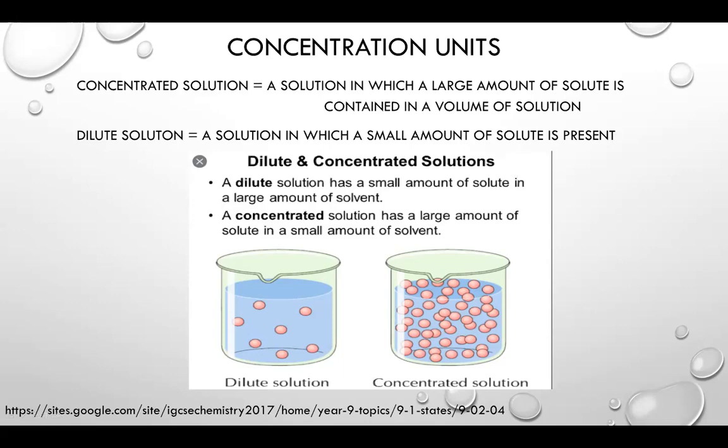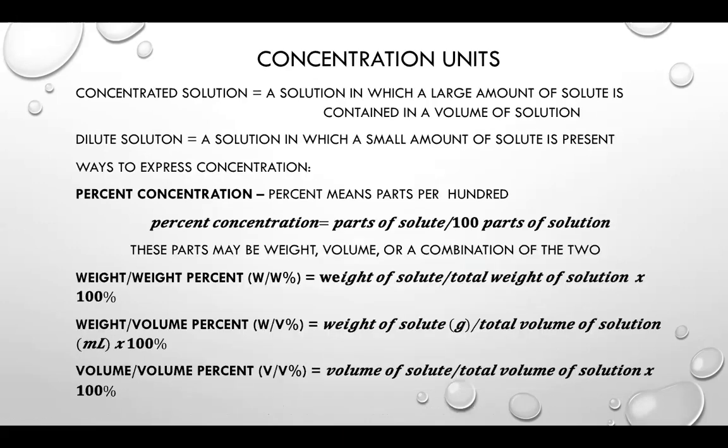So we want to be able to represent this as a number. We have different ways that we can express a concentration. We can have percent concentration, and at the end of this lecture, I'll show you there's a little cheat sheet on Moodle that has all of these equations on how to calculate concentration.